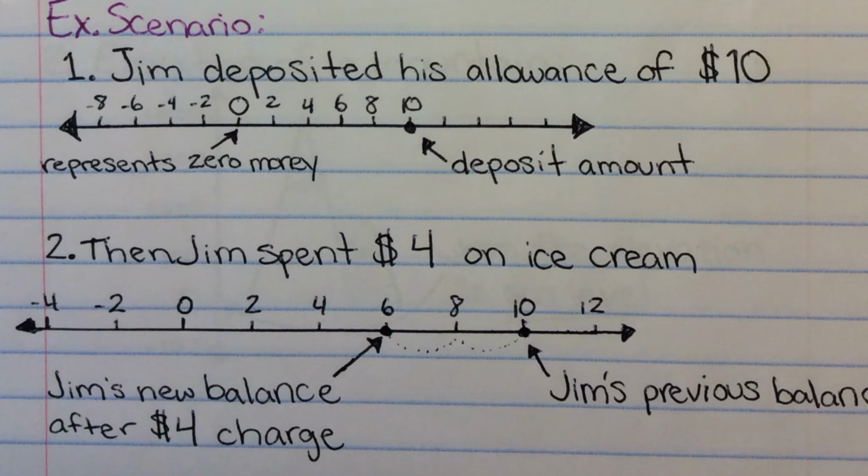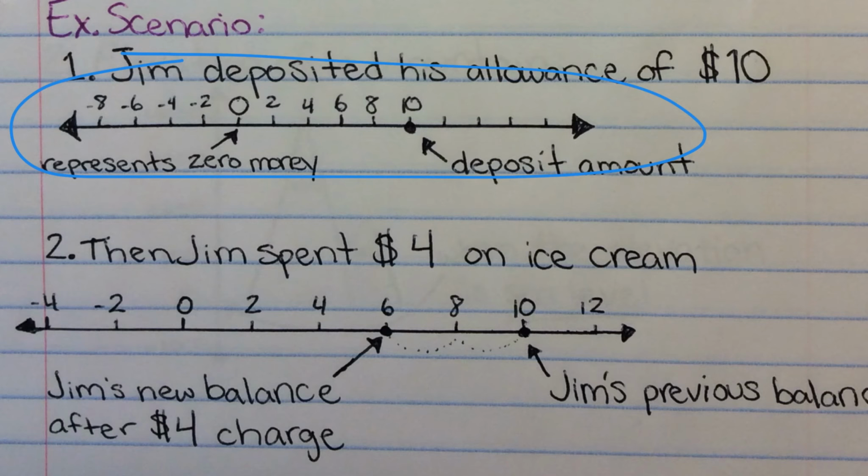If this number line here is Jim's money in his account, we start right here at 0. If Jim has $0 in his account, let's say he literally just opened the account and he deposited $10, then we come over to the positive side. We jump all the way until we reach 10. Okay? So a deposit is positive.